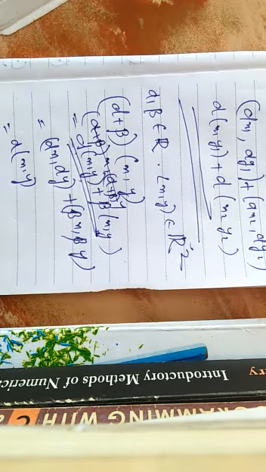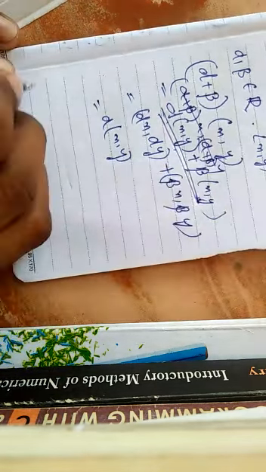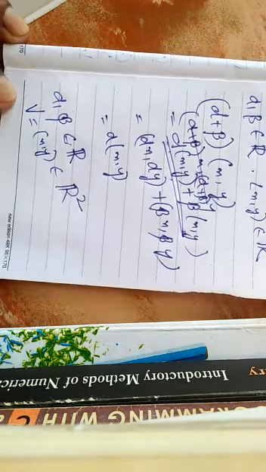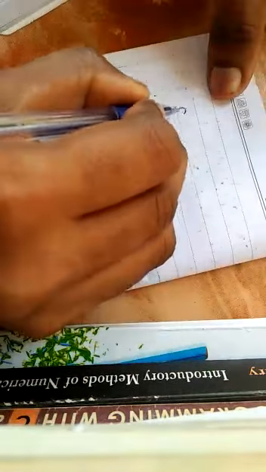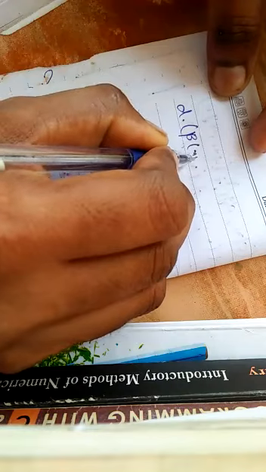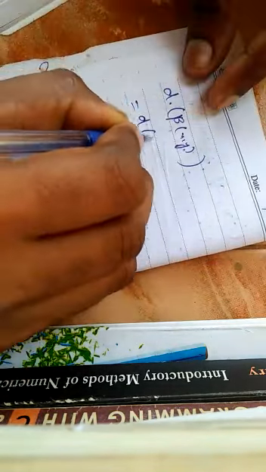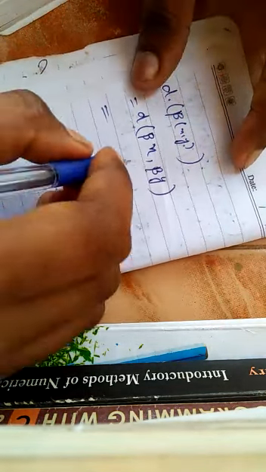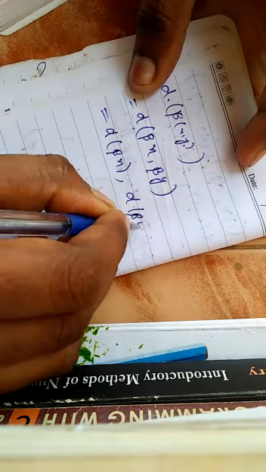So that is also satisfied. Next, alpha, beta are elements of R, and V equal to (x, y) is an element of R2. We get alpha into beta (x, y) equal to alpha into (beta x, beta y). That is equal to (alpha beta x, alpha beta y).